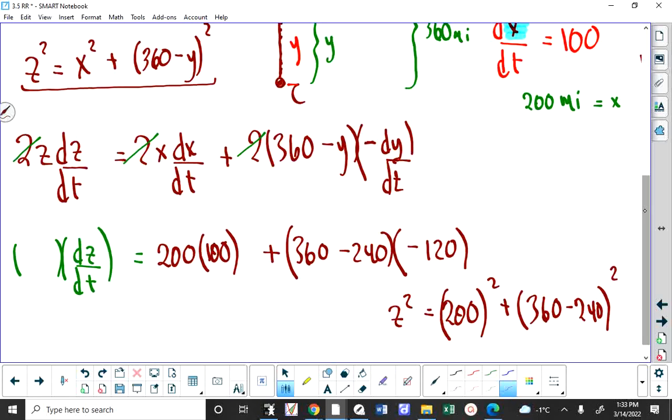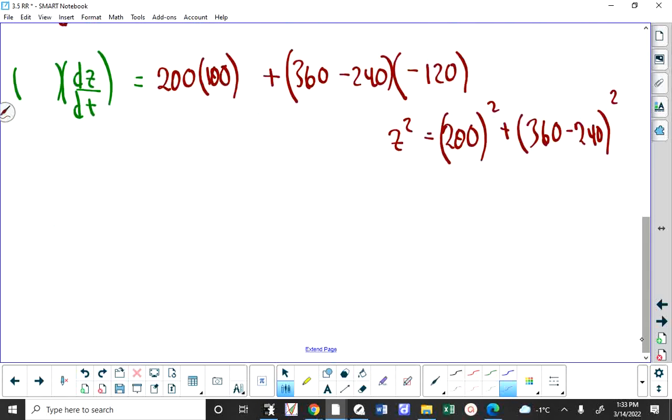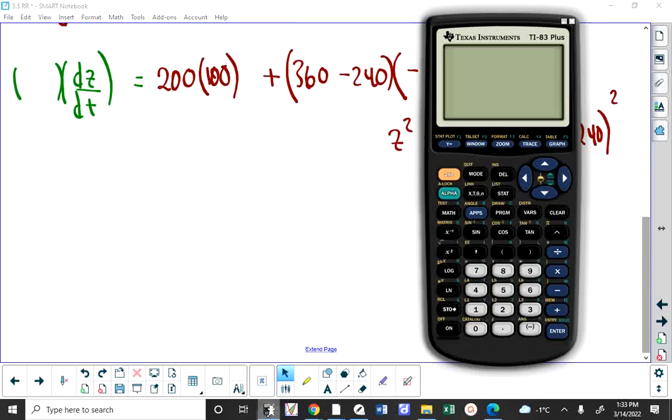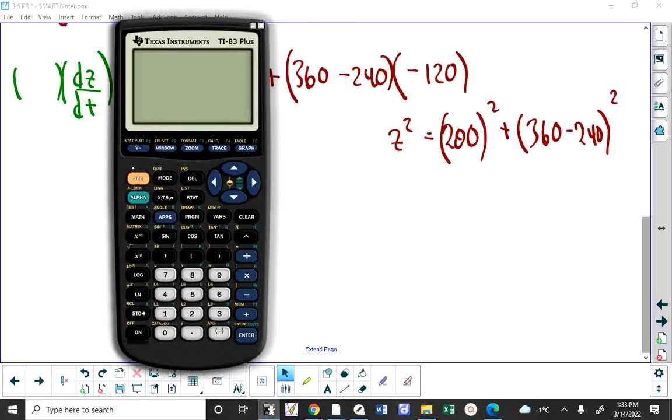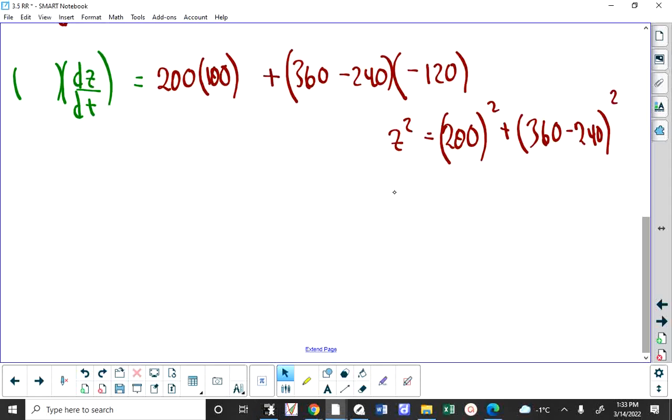So 360 minus 240 gives me 120. I have to square that, and I have to add 200 squared. So the square root of 54,400 is the answer for z.